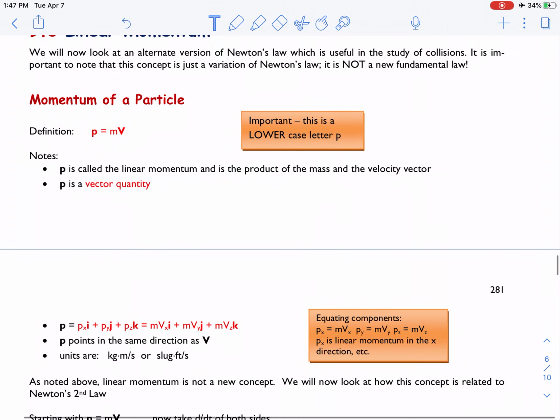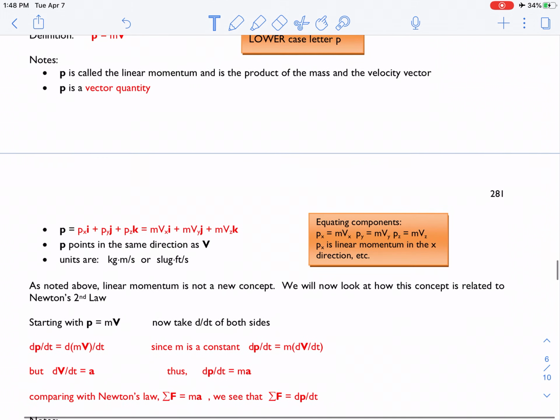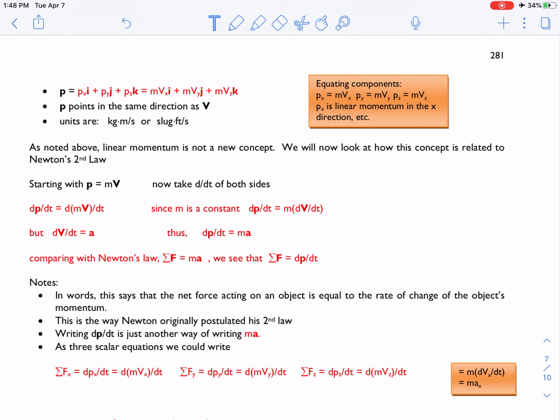And p is called a linear momentum, and is the product of the mass and the velocity vector. So again, p is a vector. In unit vector notation, you can write it as px i hat plus py j hat plus pz k hat. And since each p component can be written in terms of mv, using the correct labeling, we can write this momentum in this form, right?